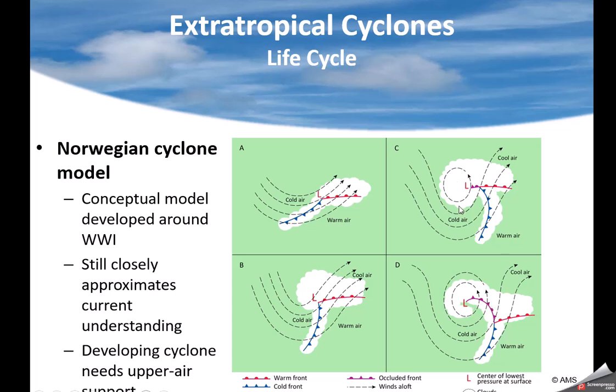Notice it looks like a comma head. And yes, in the wintertime, many times you can look at a satellite picture and you will see these comma heads around the globe. You can look at how they develop from this cloud shape and eventually evolve into looking like this. So you can see this is the strongest low, this is a weaker one, but these are how they progress through the various stages.